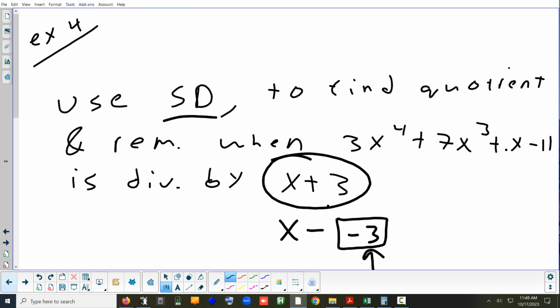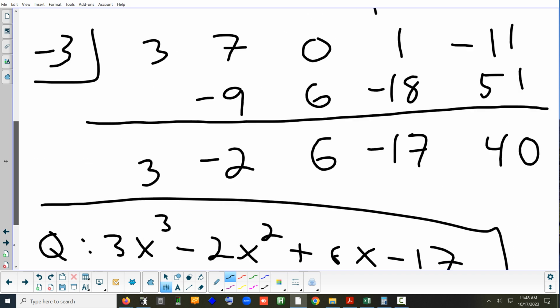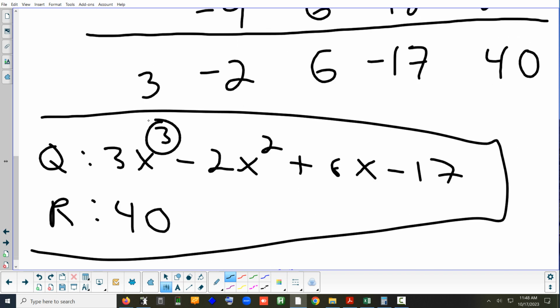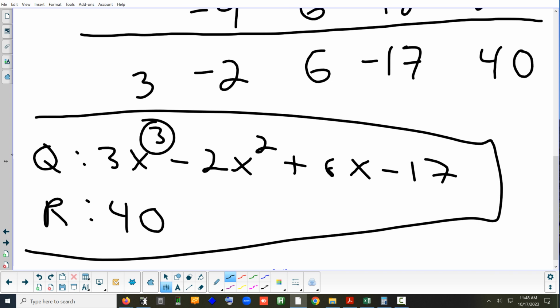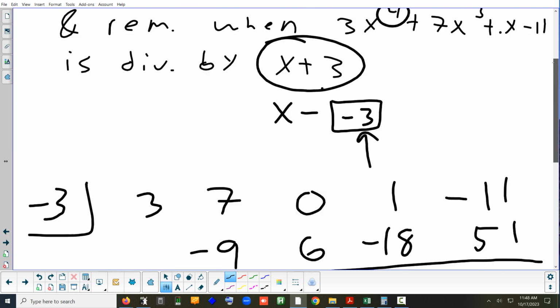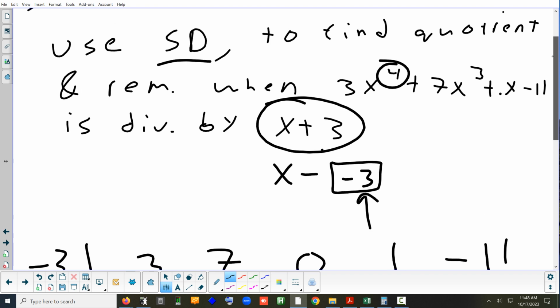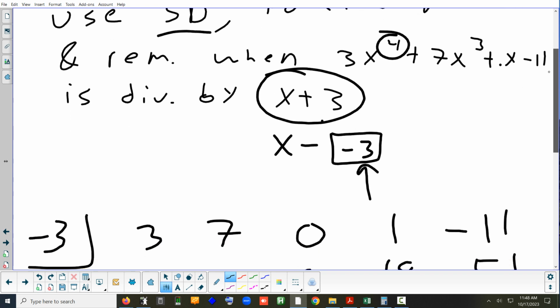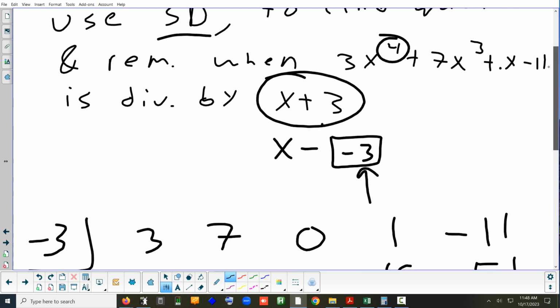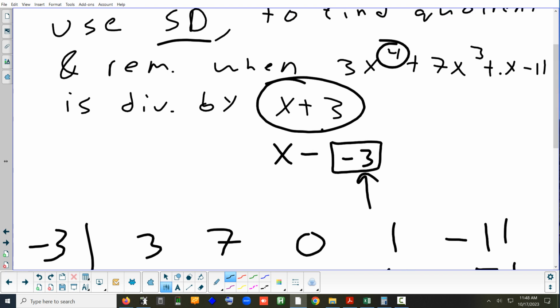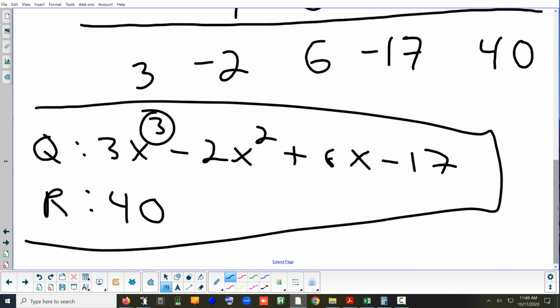You started with a 4th degree, and when you wrote your quotient, it was a 3rd degree. So every time you use synthetic division, that exponent drops down 1. In order to really work with it, we'd have to take it all the way down to a 2, because we have the quadratic formula. So that's what synthetic division does. It takes this exponent and drops it down 1 number every time you do it.